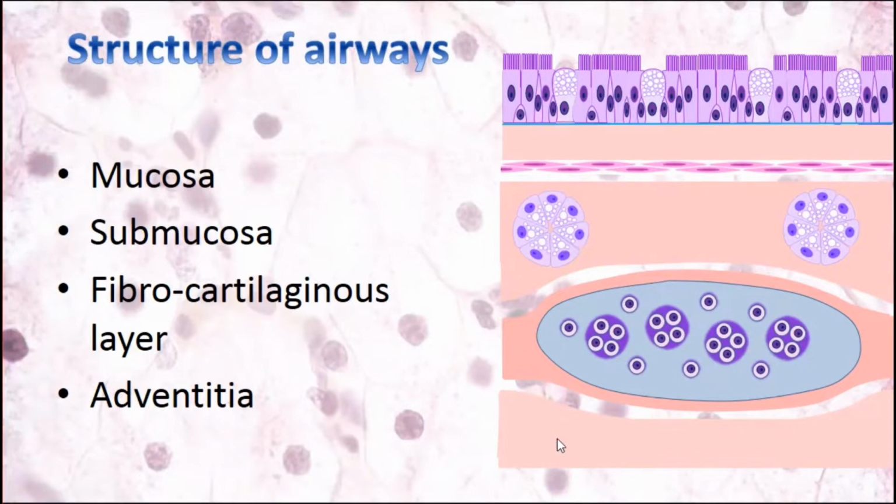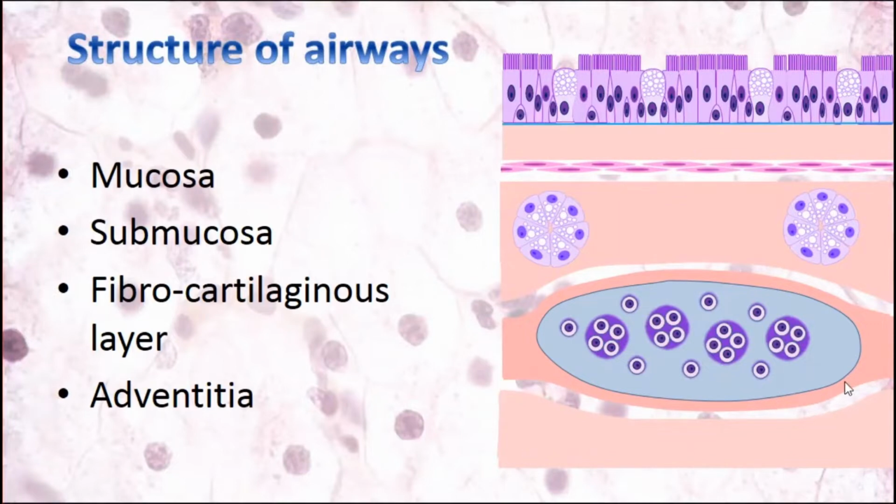I think you remember the histology of the digestive system, especially the digestive tract, and the layers of its wall. Here we can find at least 3 layers which are similar to those in the digestive system: mucosa, submucosa, and, as in some organs of the digestive system, adventitia.